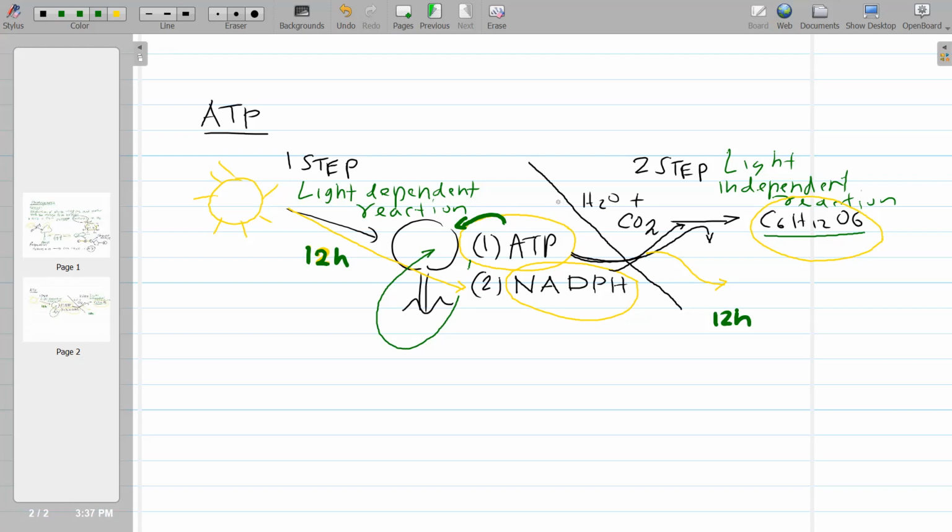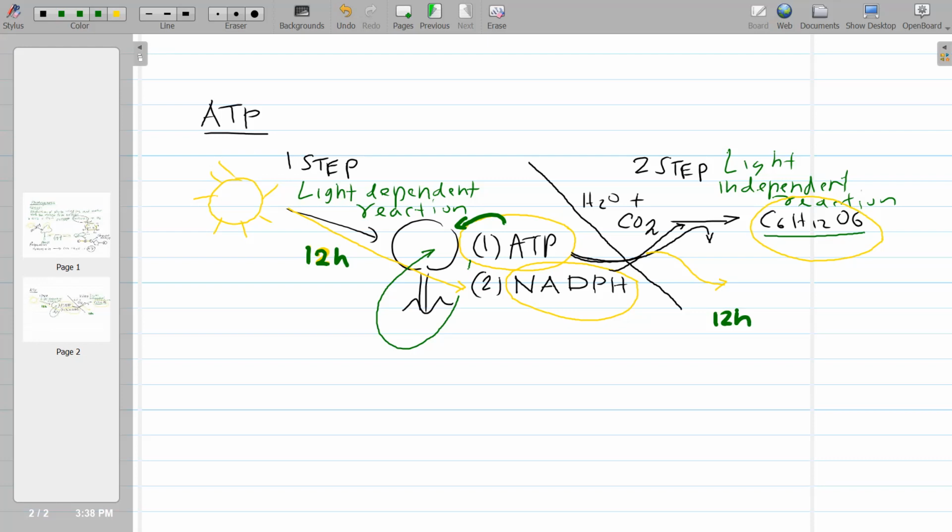One option is that plants should produce enough ATP even for the night, to use in the night.